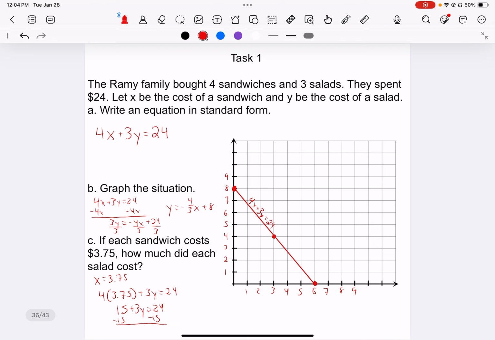Subtract 15 from each side. 3y equals 9. Divide by 3, y equals 3. So that means that each salad will cost $3.